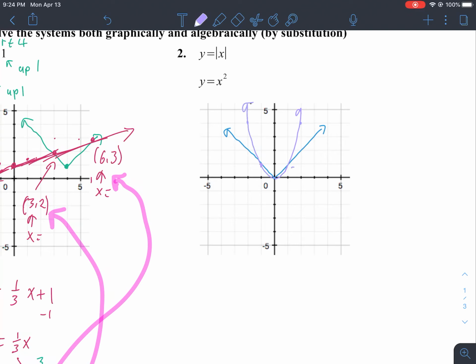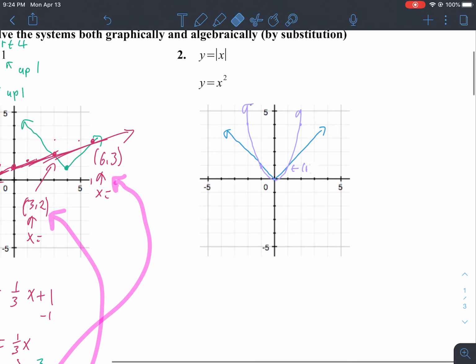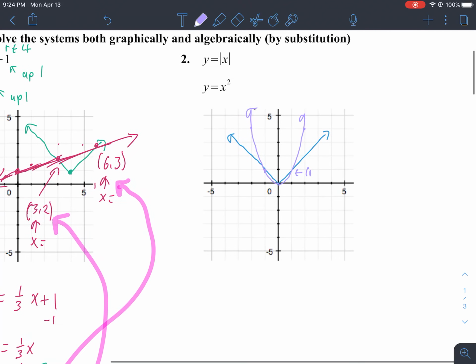It's there. The solutions are 1, 1, and negative 1, 1. So I should get x equals 1 and x equals negative 1. This one looks straightforward enough.